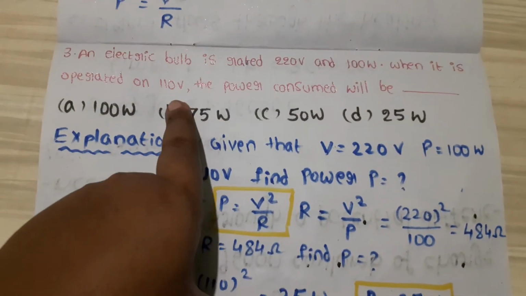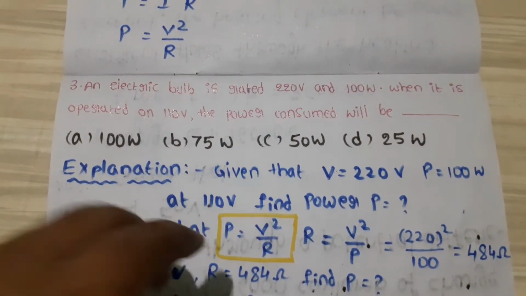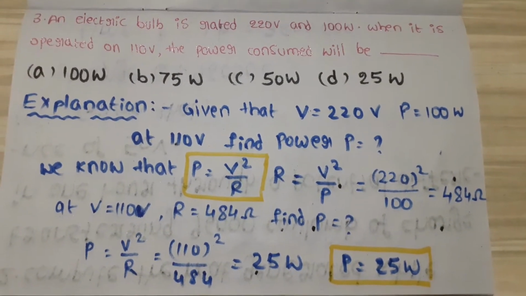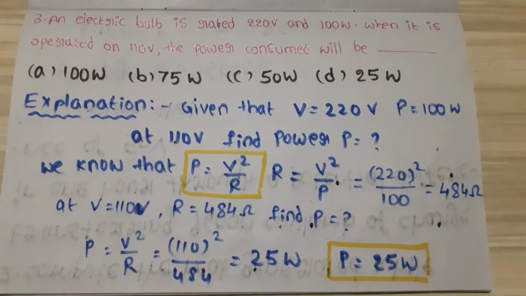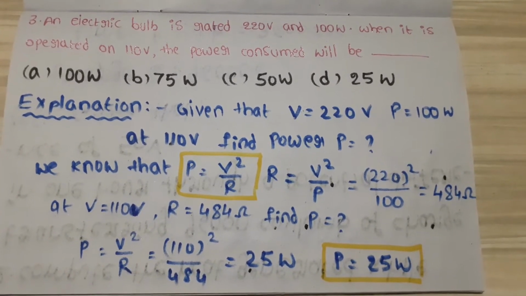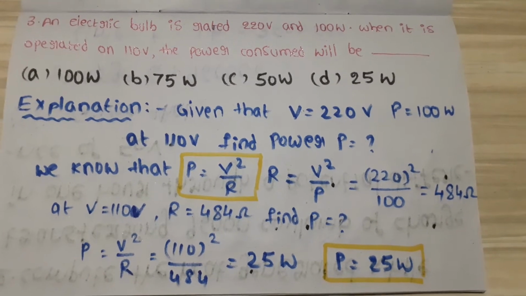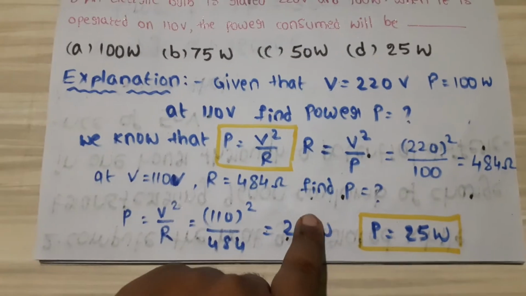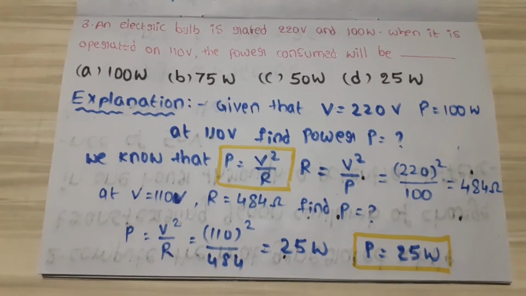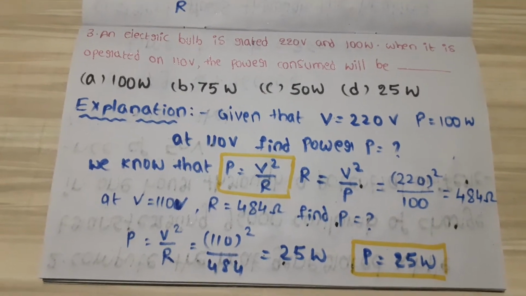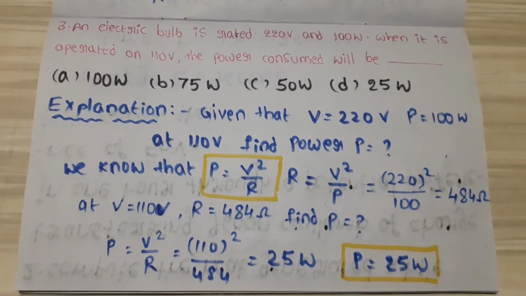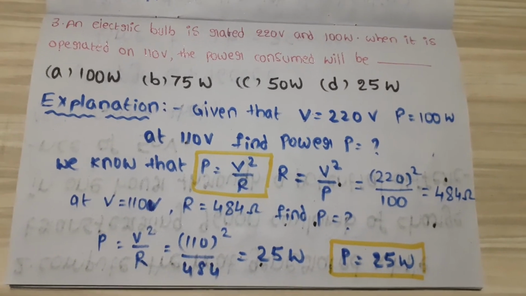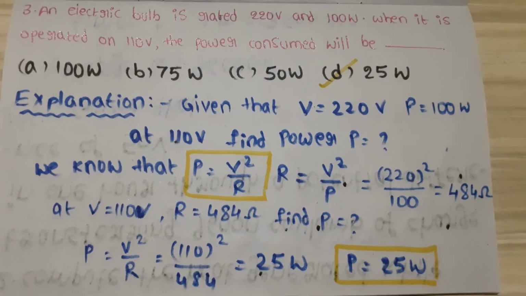Now we find the consumed power at 110 volts. Power P equals V square by R, with potential difference 110 and resistance 484 ohm, so the total value is 25 watt. When the electric bulb is operated at 110 volts, the consumed power is 25 watt. That is the answer. Option D is correct.